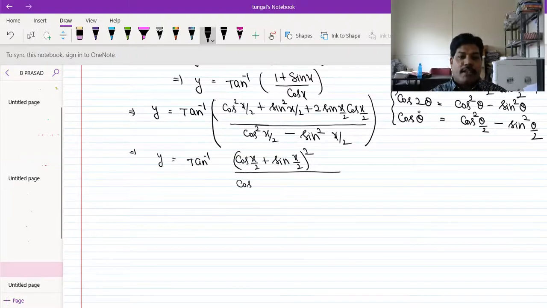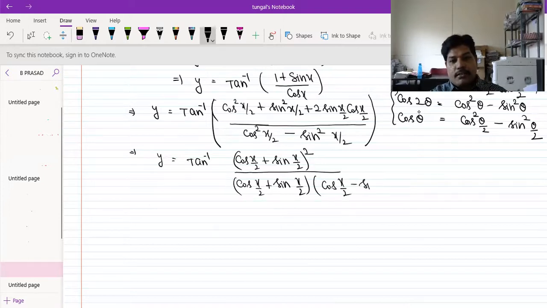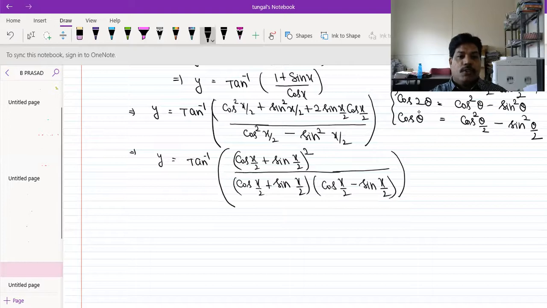So you can write it as (cos x by 2 plus sin x by 2) into (cos x by 2 plus sin x by 2), divided by (cos x by 2 plus sin x by 2) into (cos x by 2 minus sin x by 2). So the square and the cos x by 2 plus sin x by 2 will be cancelled.